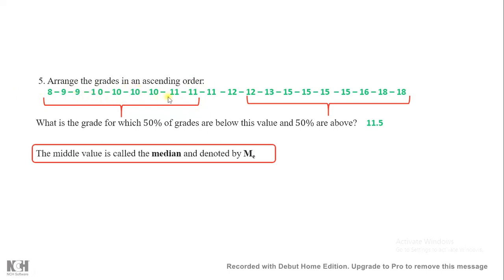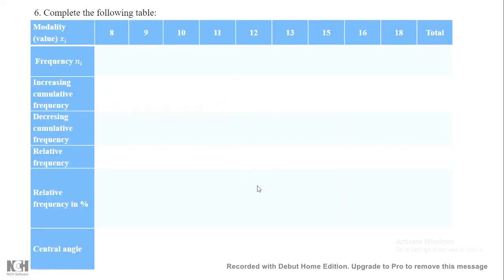If you have an odd number of grades, let's say 5, just list them in increasing order, and the middle value will be the third one, with 2 values before it and 2 values after it. But in this case we have an even number of values.